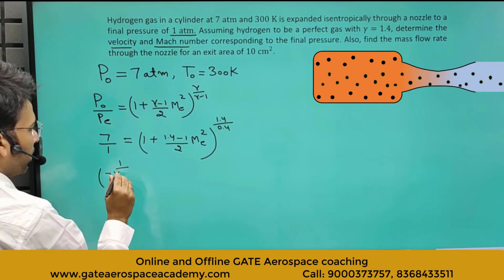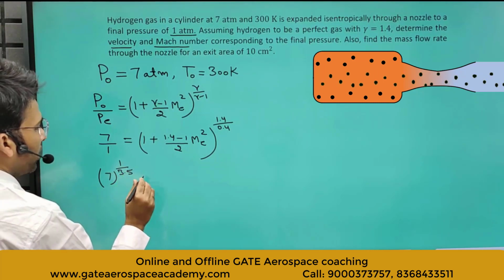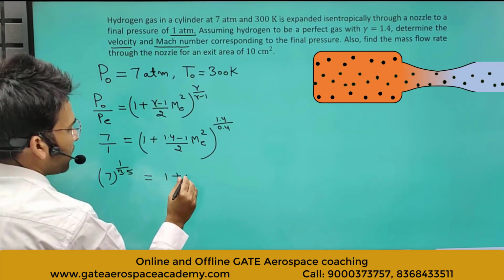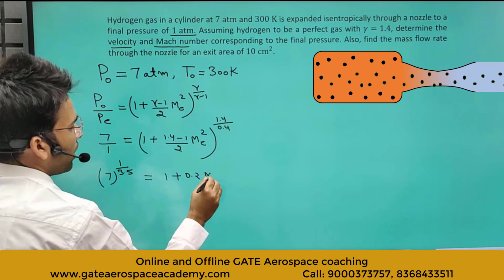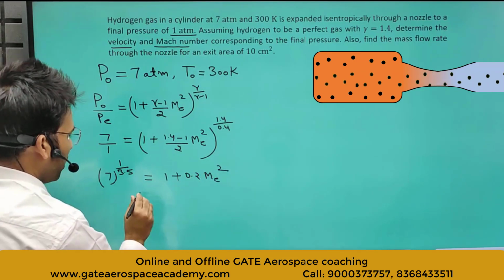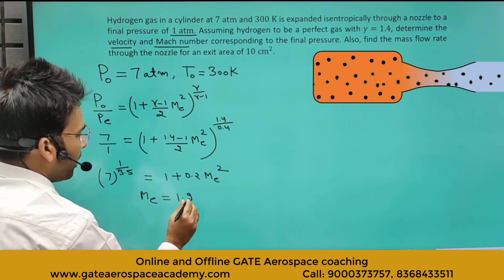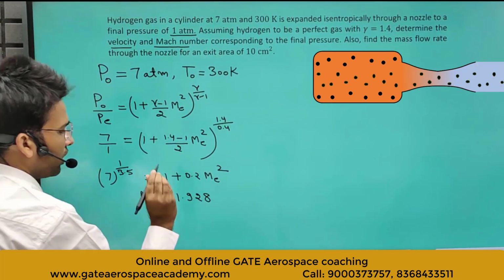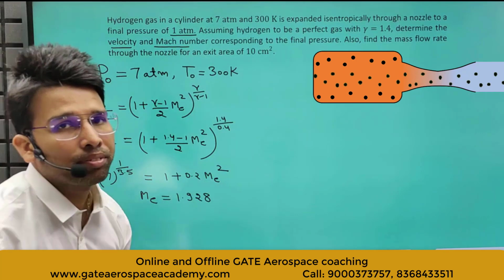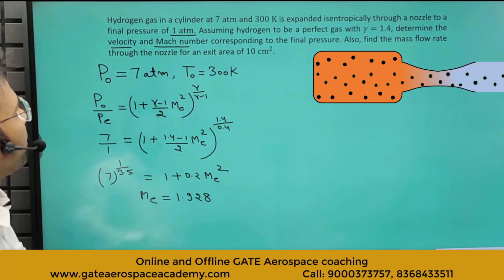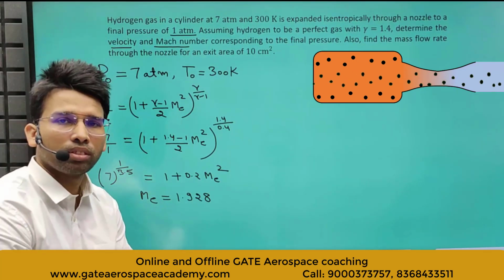So this will be power raised to 3.5, which gives 1 plus 0.2 Me square. So we got M exit 1.928. So this is the exit Mach number. Correct?